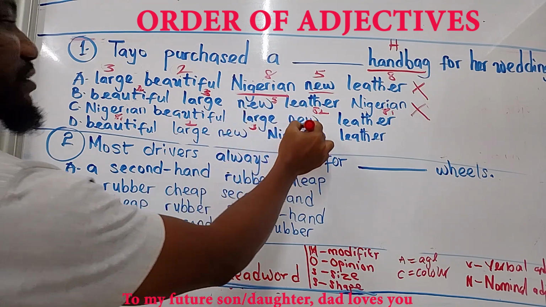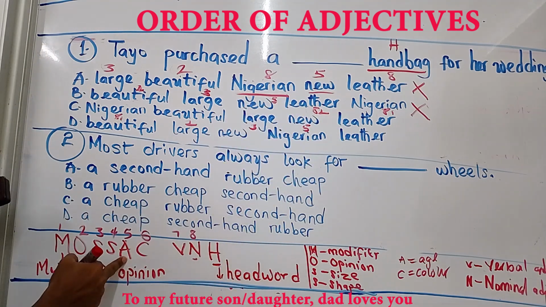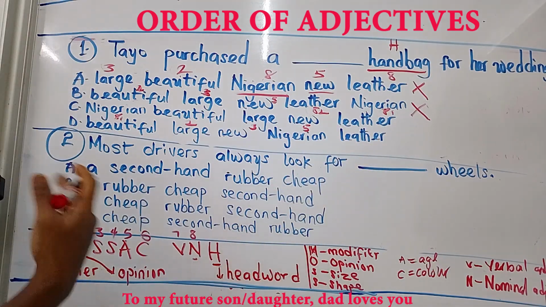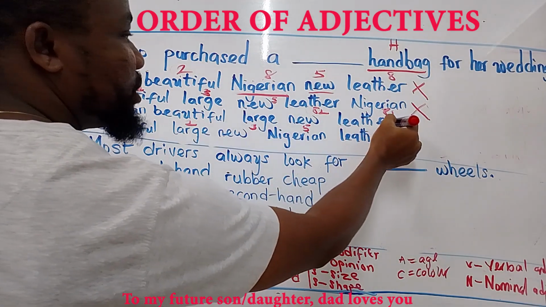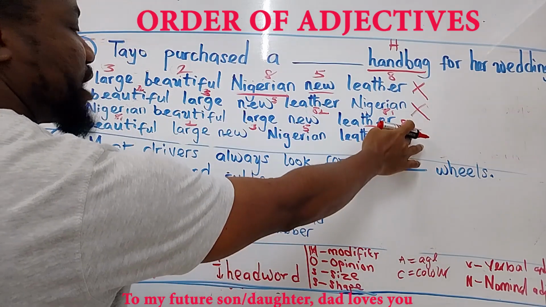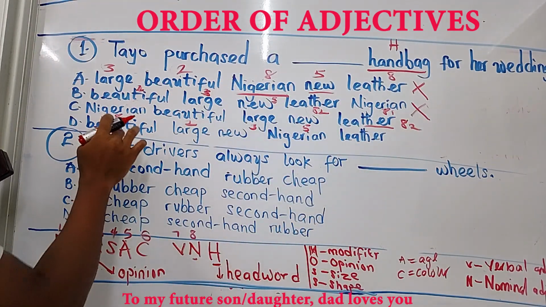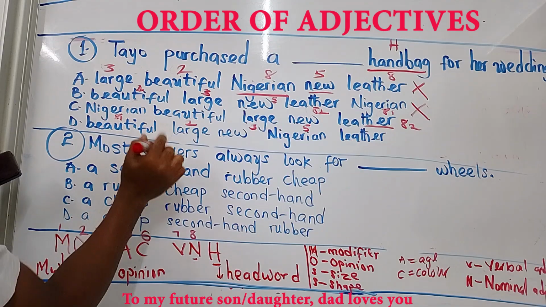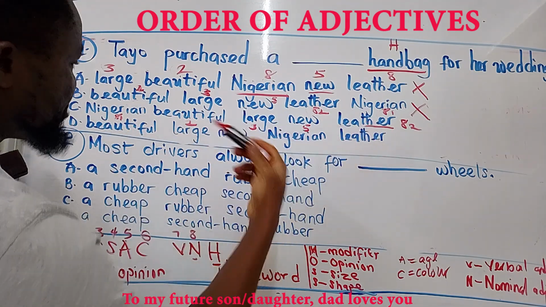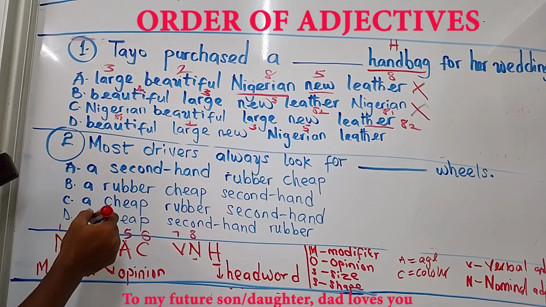New is number 5, which is age. And then leather is talking about N, which is also 8, but the 8 in this case is 8, 2. Material is 8, 2, while the origin is 8, 1. So this structure is also wrong. You don't start counting from 8. You have 8, 2, 3, 5, 8. Makes no sense.